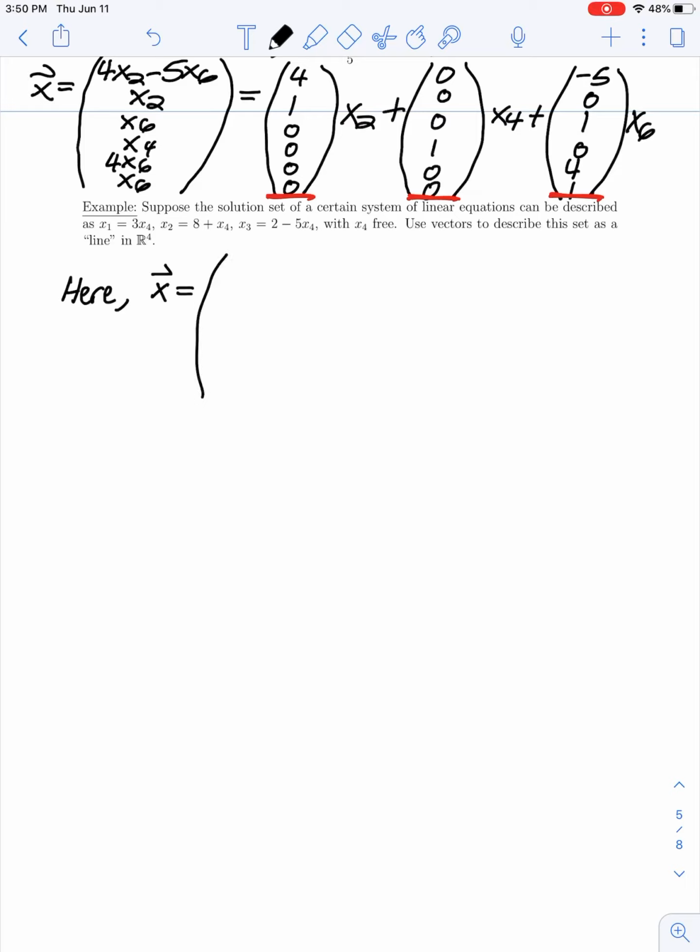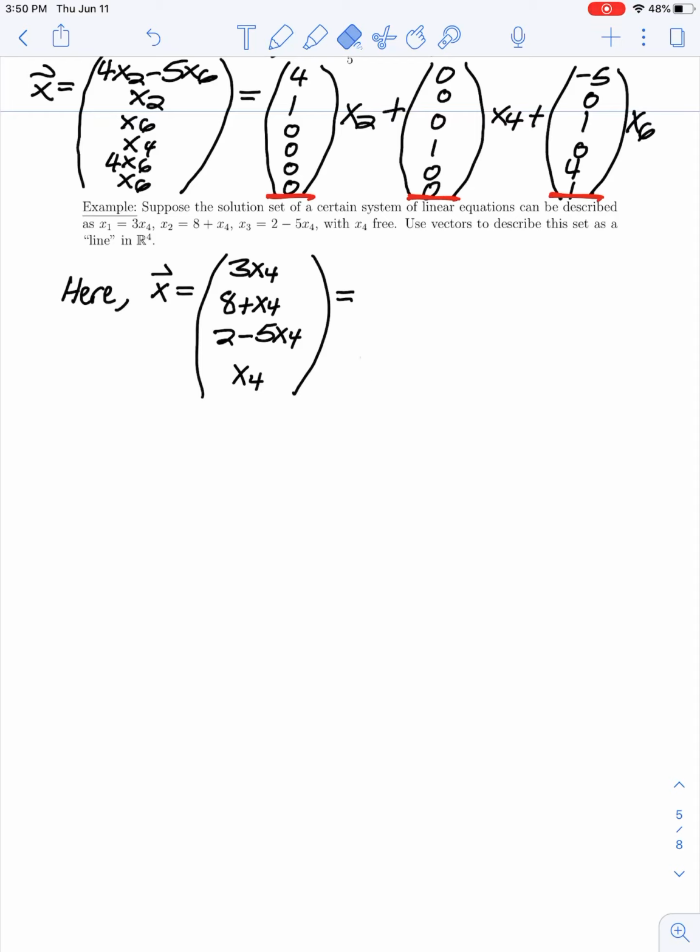So starting with vector form, we had 4 variables where x1 was equal to 3 times x4, x2 was 8 plus x4, x3 is 2 minus 5 times x4, where x4 was a free variable. So if we were to pull out the coefficients for x4, we have 3 times x4. And let's see, I need to be a little bit careful here.